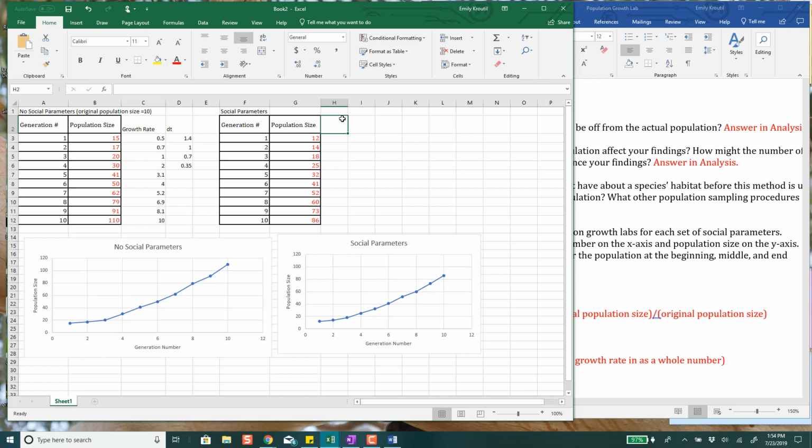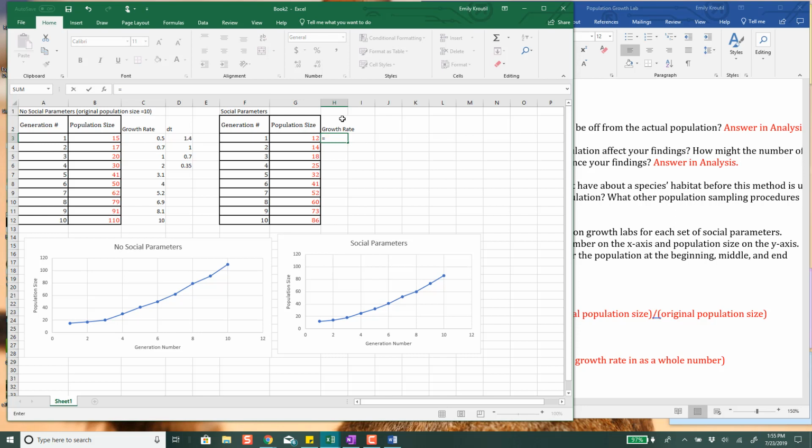Okay, and we can do the same thing over here. Our growth rate is going to be our current population size, which is 12, minus 10, divided by 10. And so we'll do that all the way down.